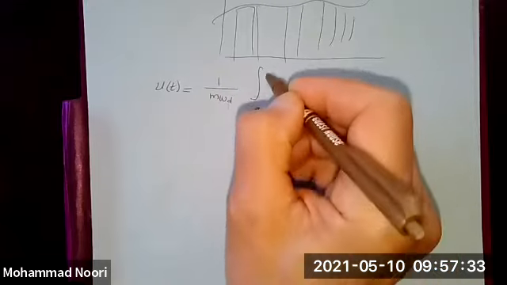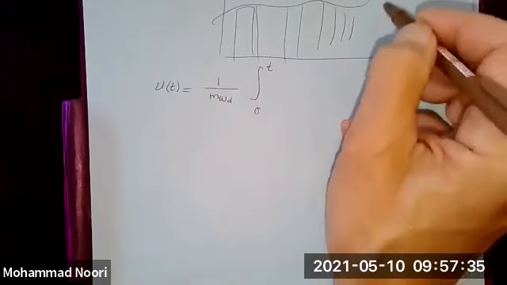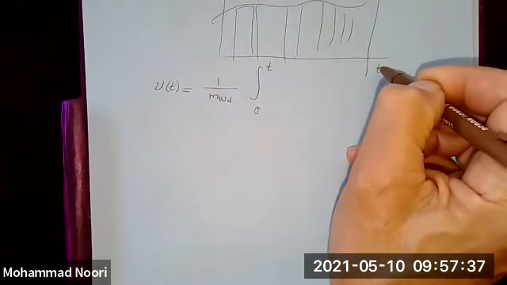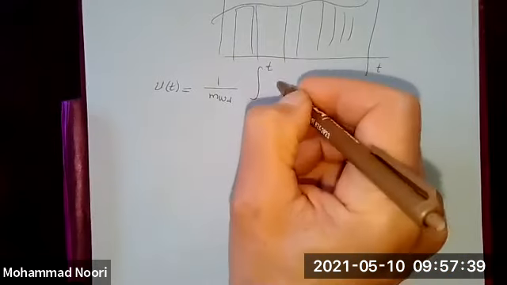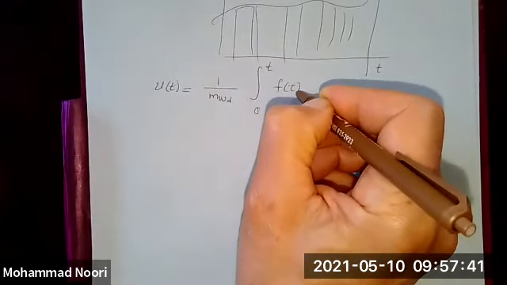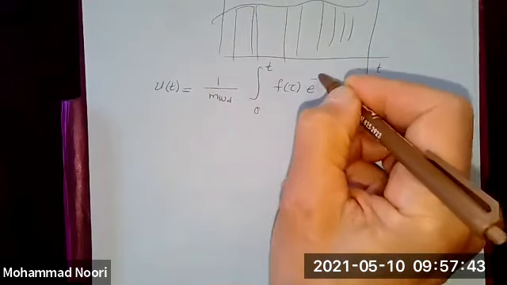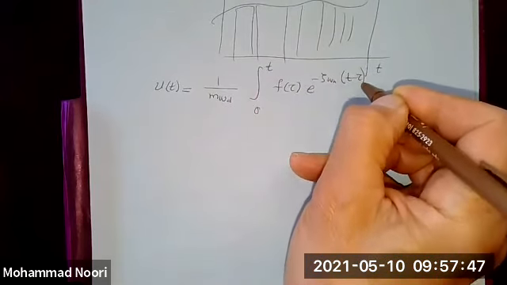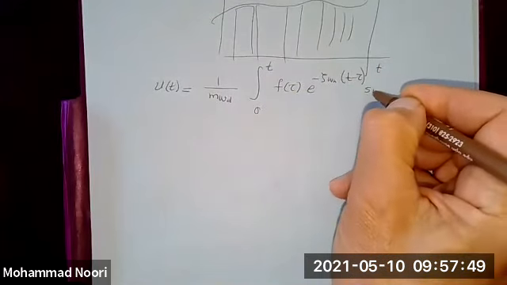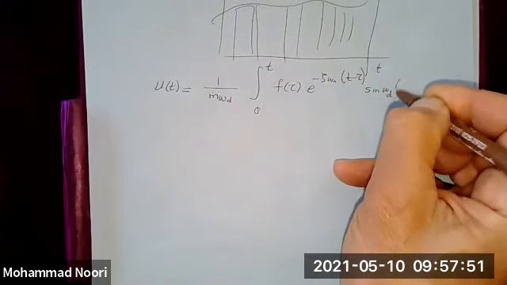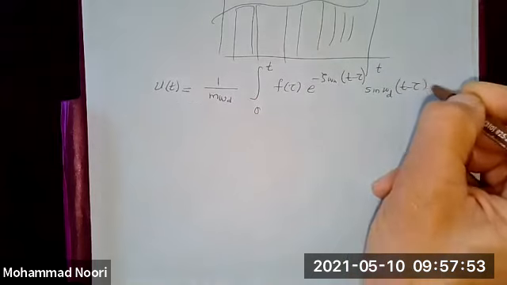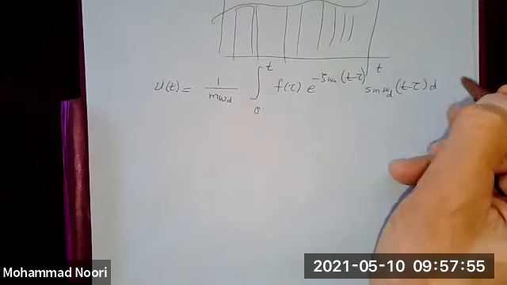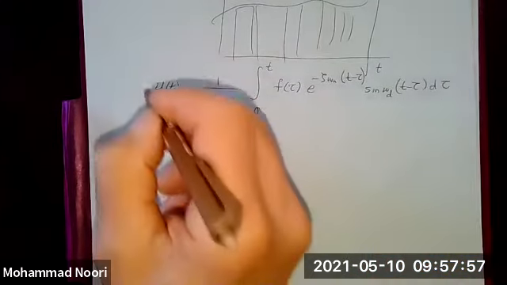So you need to perform integration from 0 to an arbitrary time t of f of tau e to the minus zeta omega n (t minus tau) sine of omega d (t minus tau) d tau.